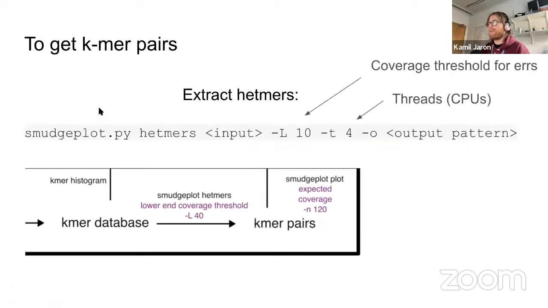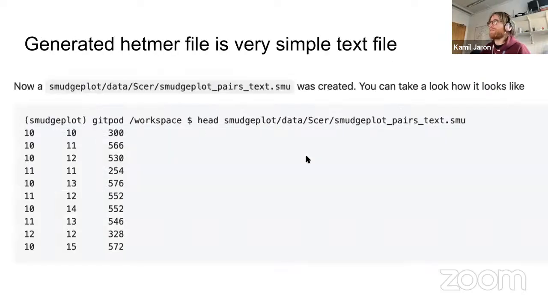Out of the K-mer database, the K-mer pairs, you will use already the Smudgeplot hetmers, which inside calls this C code written by Gene. The L is the error threshold, so you'll be excluding everything that is below this number, and T is the number of threads. This is also the reason why I'm constantly messing it up, because I'm used to a different notation than Gene is.